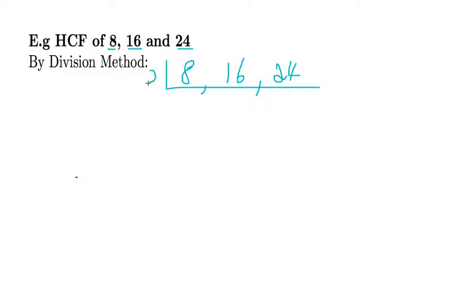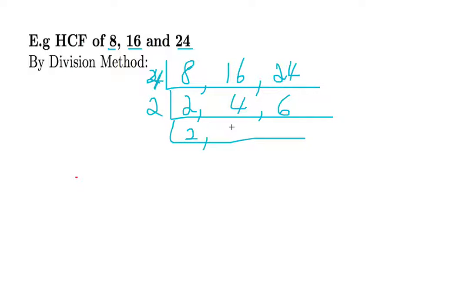We divide until we simply cannot divide anymore. Maybe I'll do 4 instead. So 2, 4 and 6. Okay, and divide by 2 again. 1, 2 and 3. So the highest common factor is 4 times 2, which gives us 8.